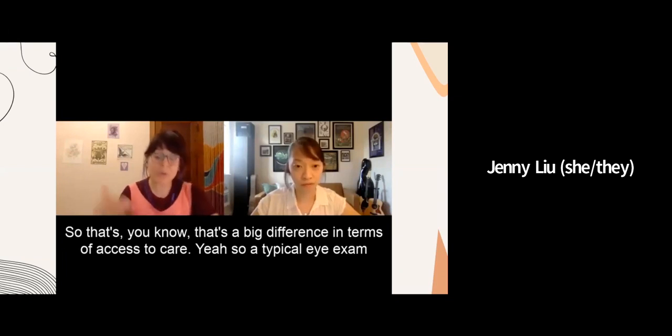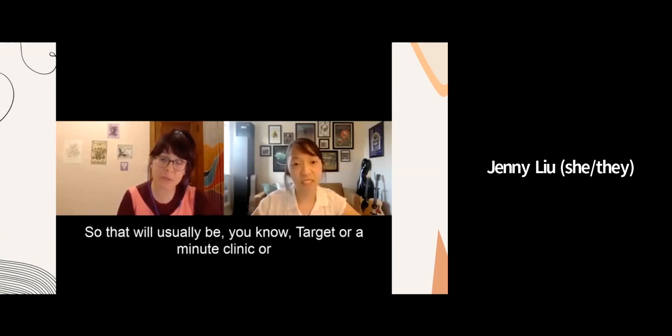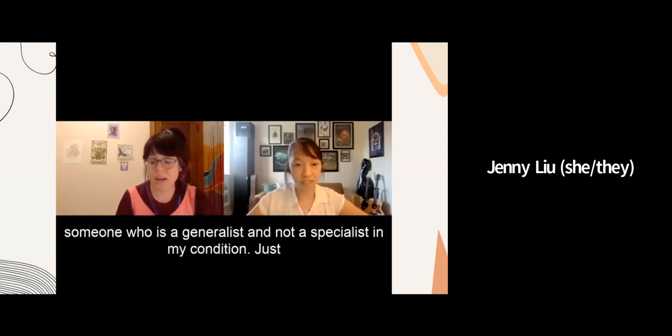So a typical eye exam for me will look like going into a place that is affordable to me. That will usually be a Target or a Minute Clinic, someone who is a generalist and not a specialist in my condition.